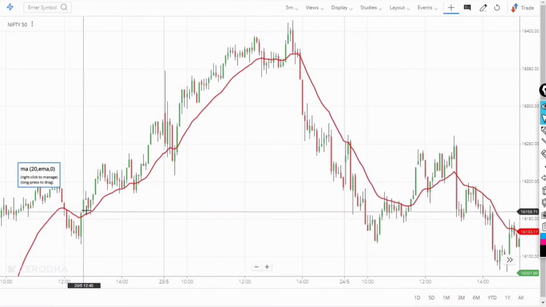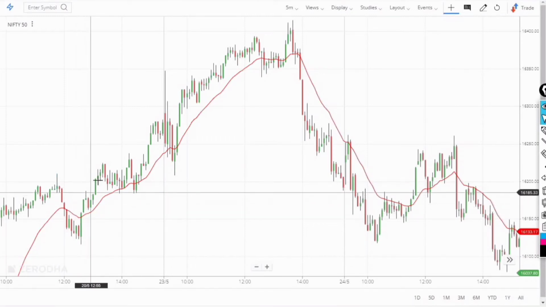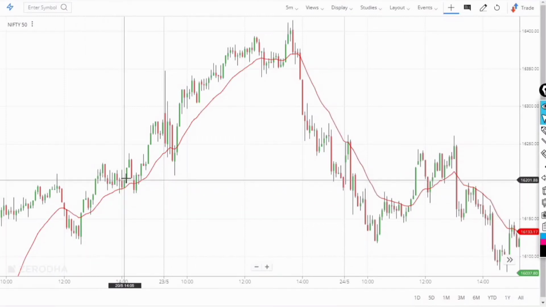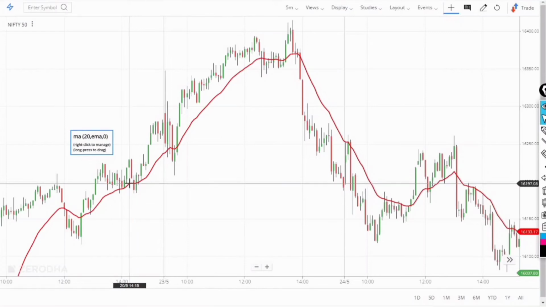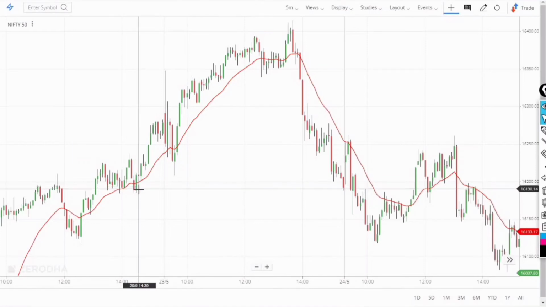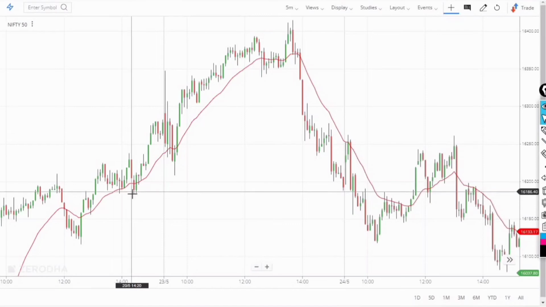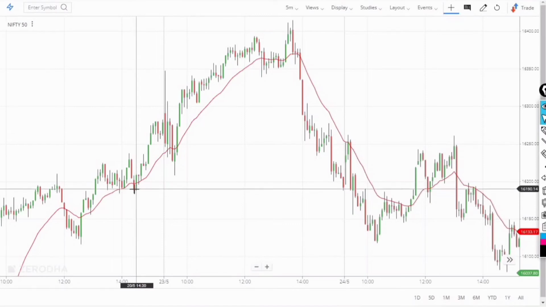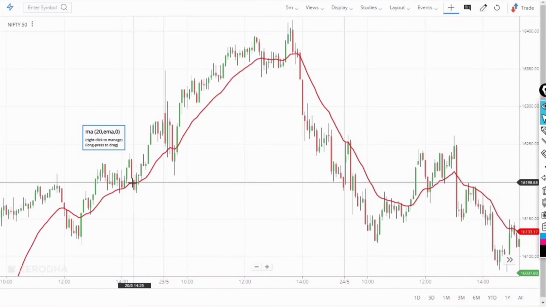If you are able to see, price is continuously going in the upward direction, even though at a certain point price has come down below the 20-day moving average, but the next candle has not closed below the previous candle. So price has bounced back from that particular zone.